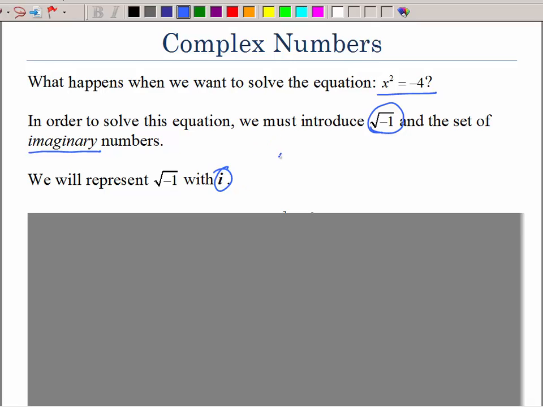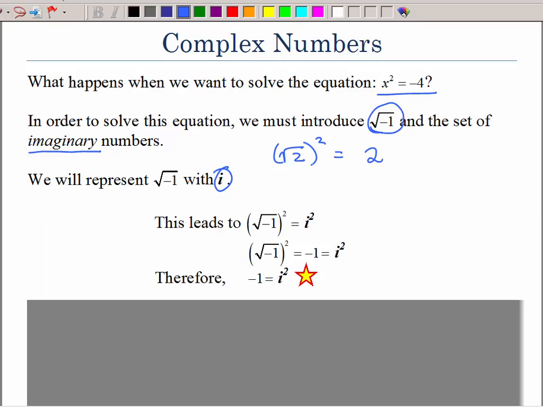Now let's back up. Do you remember what happens when you square the square root? That square root goes away. So that leads me to the next line of analysis. If we square the square root of negative 1, and the square root of negative 1 is i, we could write that as i squared.